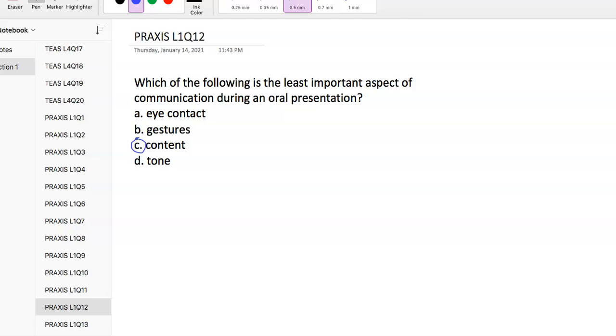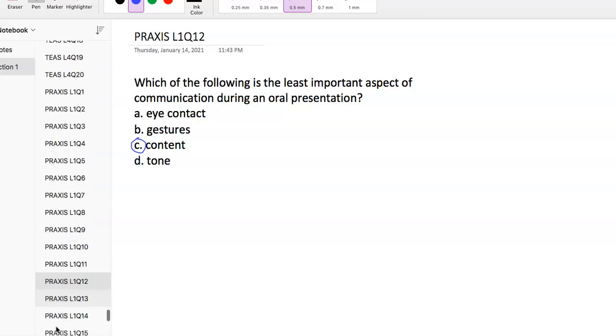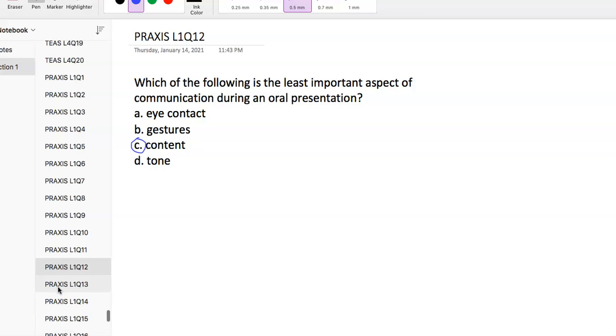Tone of voice makes up 38% of communication. Actual content only accounts for 7% of communication. Right? And so within that, we would like to know that over 90% of communication is nonverbal. That could easily be the question instead of this. You don't need to know the exact percent, but you want to know that it's over 90.